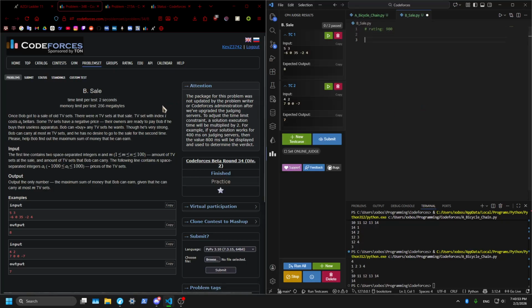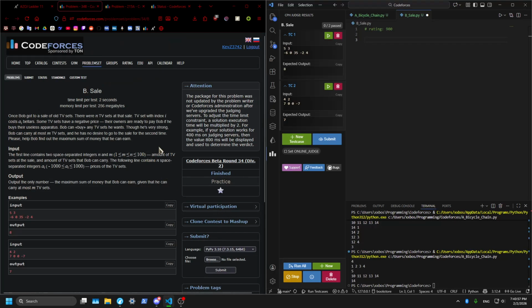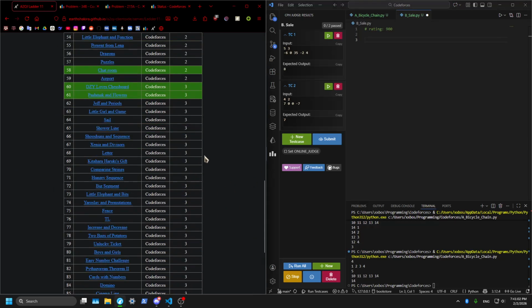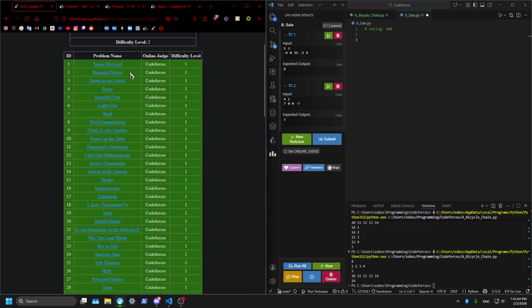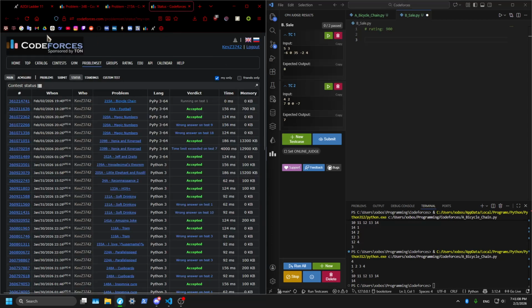I'm glad we're finally moving out of the 800 rated. I'm fine doing easier problems, at least until we get to the harder ones. We know some of these level 3 problems are harder, so I guess we're just working on fundamentals until then. And great, accepted.